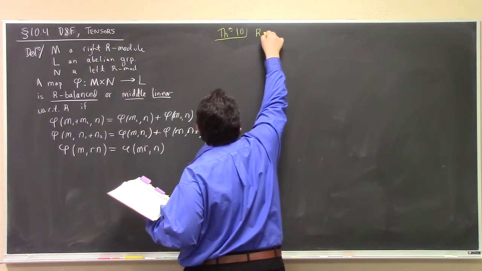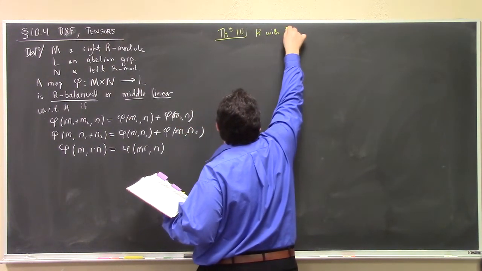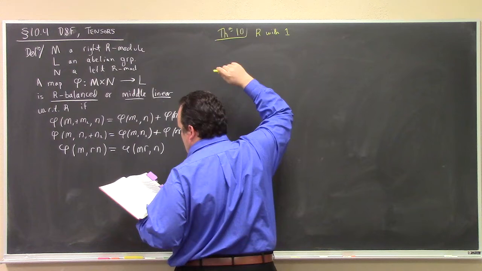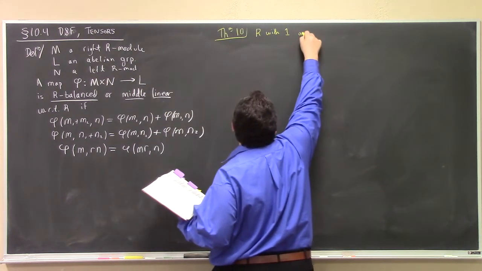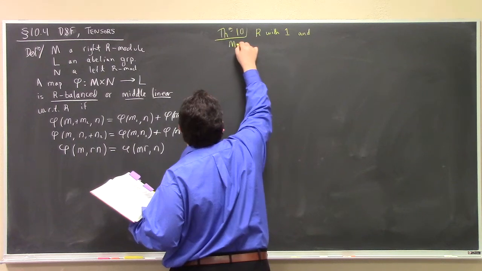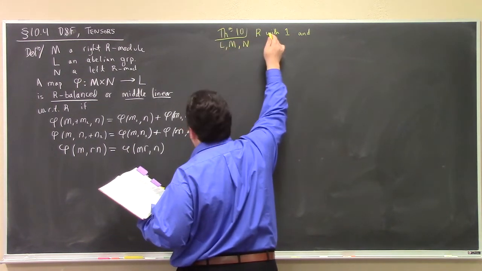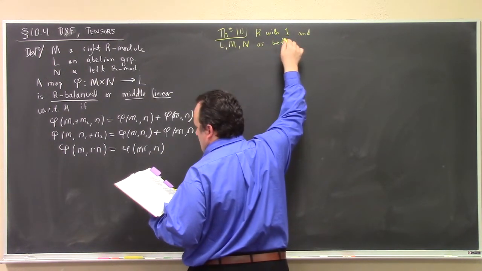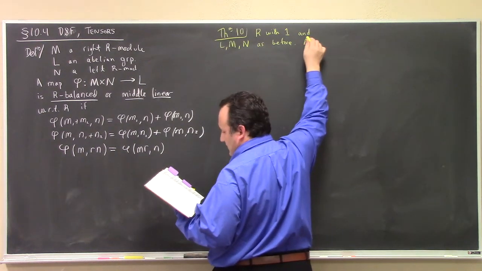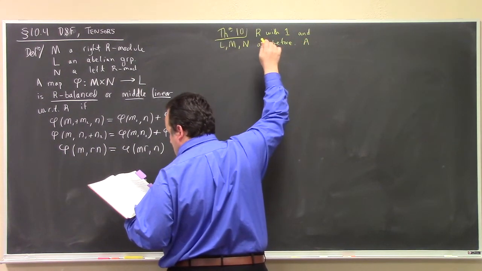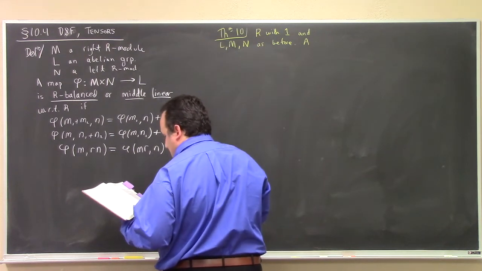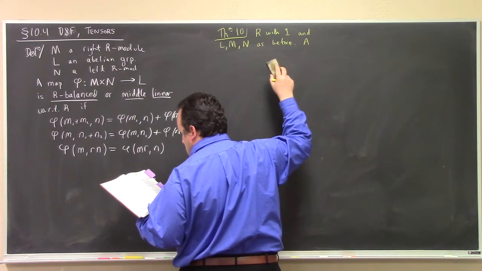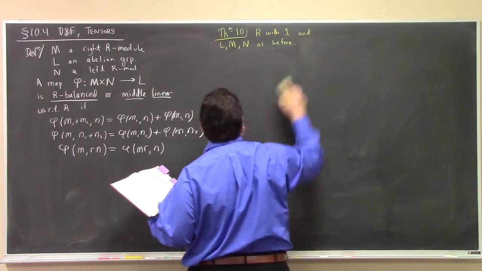Now we have a ring with unity, all right? And L, M, and N as in the definition, okay? Then a map, oh wait a minute, I'm a dummy. Sorry. My eyes were jumping back up to the definition again. L, M, and N. Okay, nothing wrong so far.